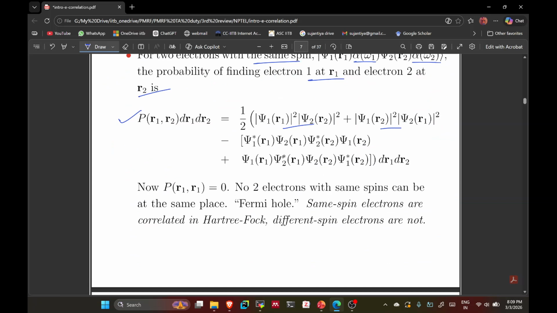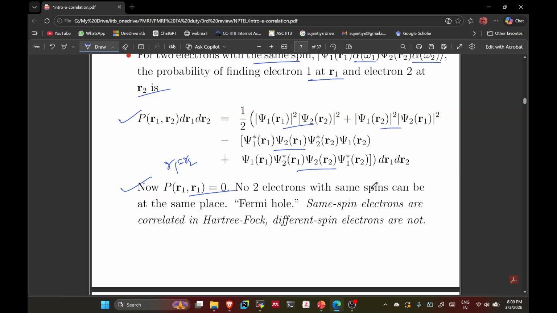But these terms are surviving. Now if you put R1 equal to R2, you can see that all the terms will get cancelled and you will get zero, which is the thing that you should get.